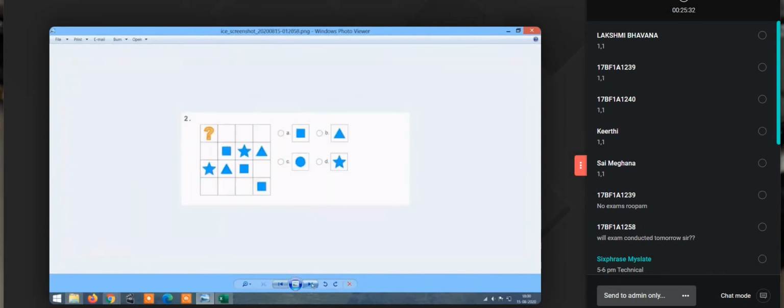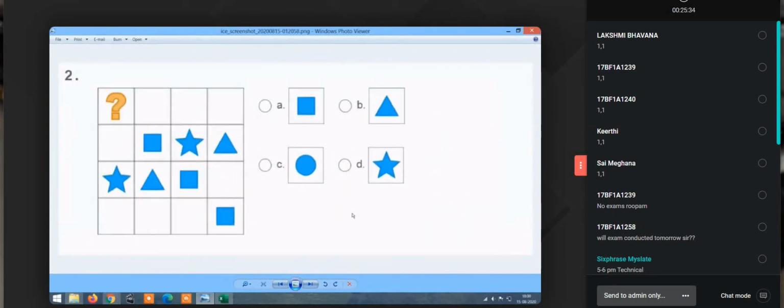Right. Now this one. Tell me the answer. What will replace the question mark? I think I better use the Excel sheet, guys.